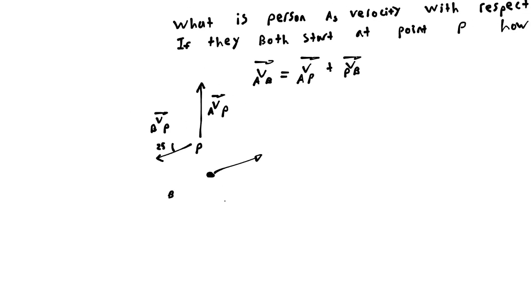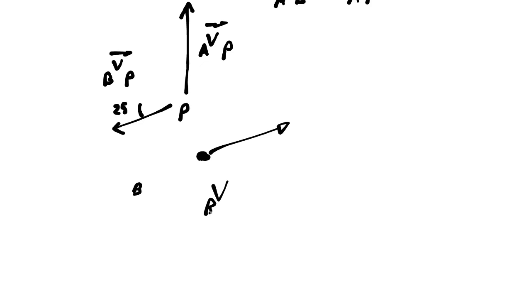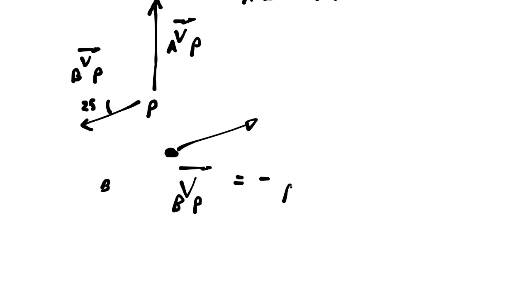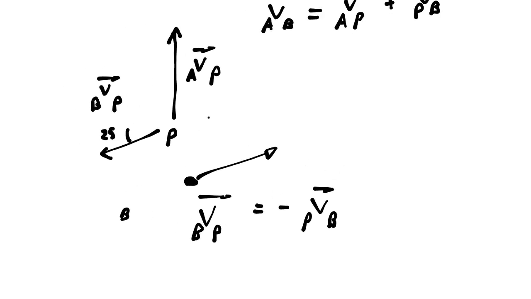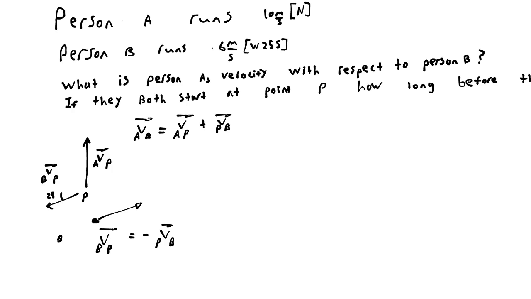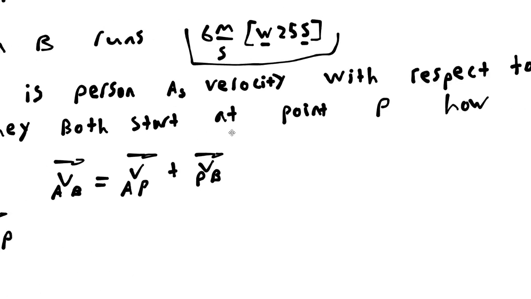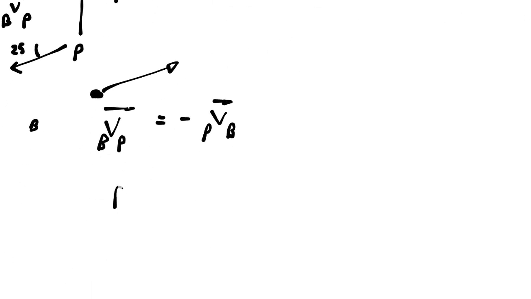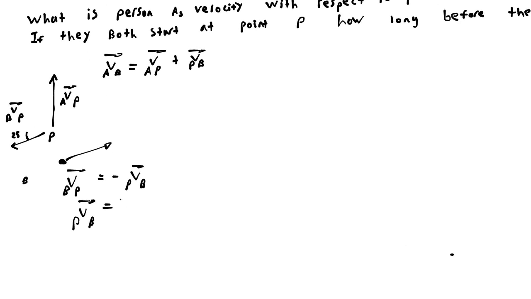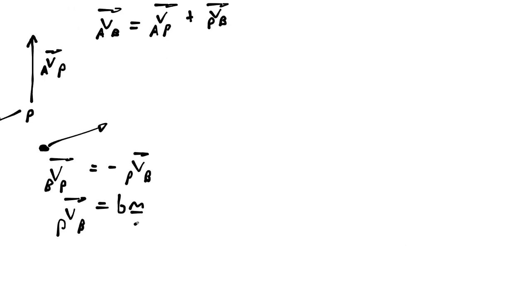So the velocity of B with respect to P is equal to the negative of velocity P with respect to B. And if we remember how to do negatives from before, you take the original thing and swap west with east and south with north. So velocity P with respect to B is equal to 6 meters a second, east 25 degrees north.